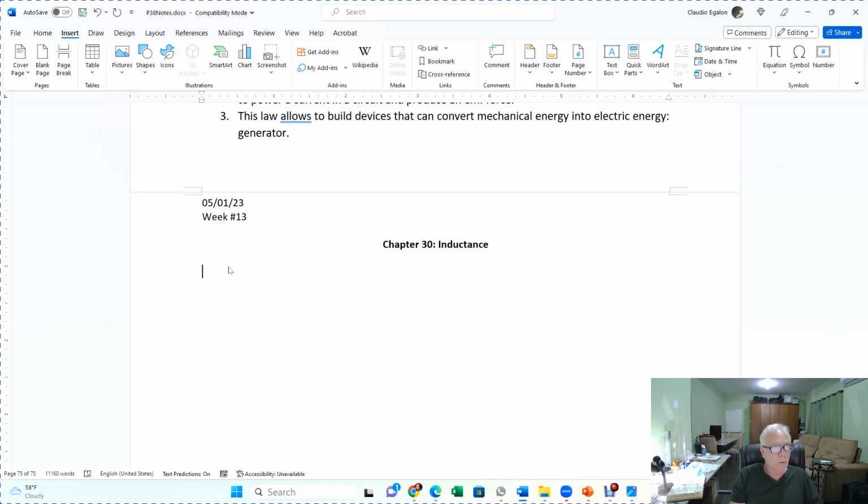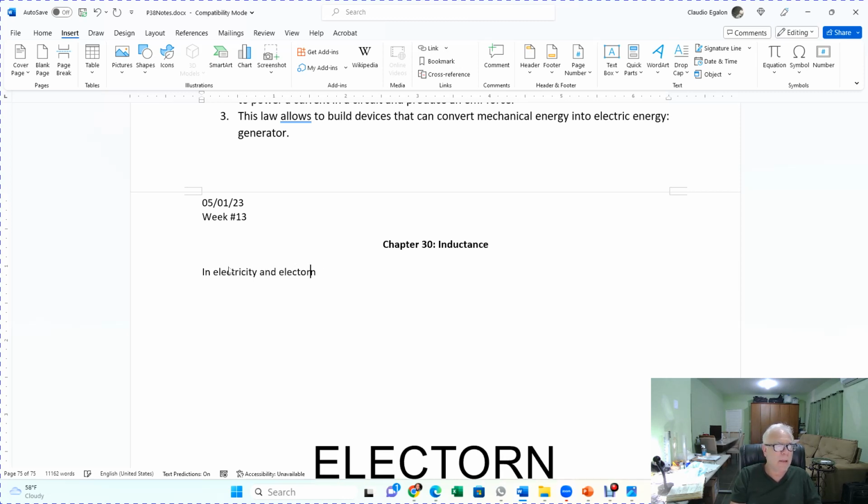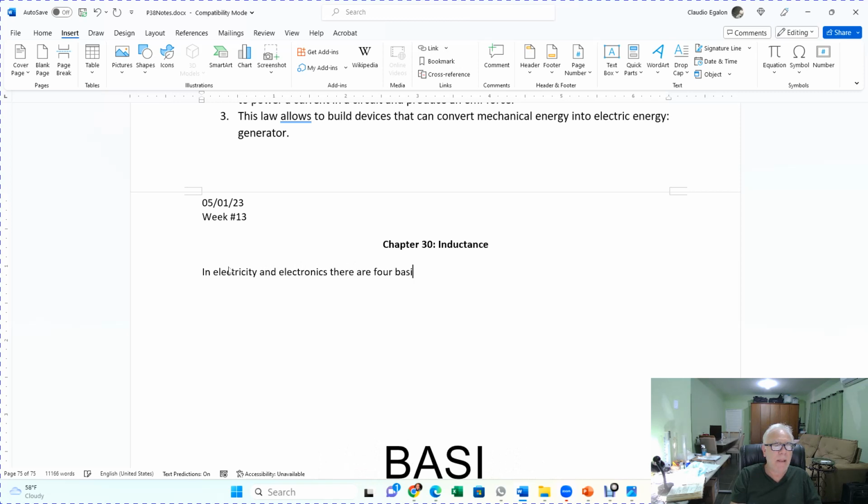Okay, so recall that in electricity and electronics, there are four basic devices, and which we have already covered. The first one that we covered, not all four, we covered only two of them.